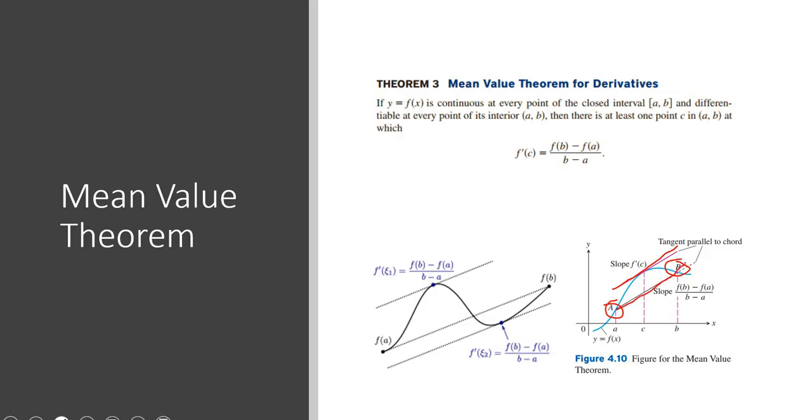That's why this is called the mean value theorem. It basically connects average rate of change over an interval with derivatives.